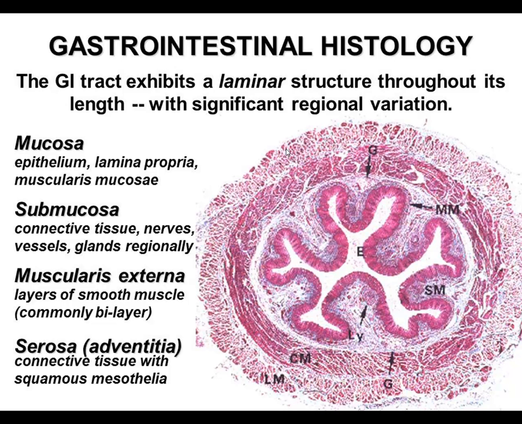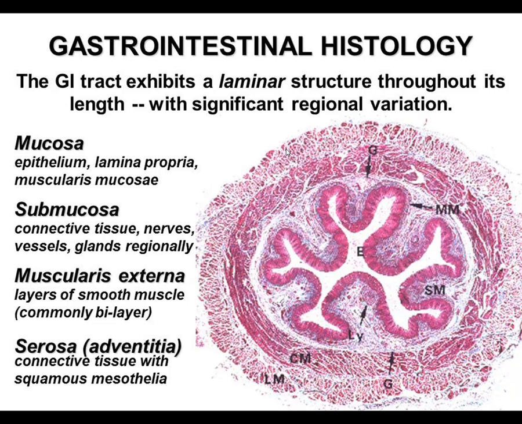Okay, so moving along, if we look at the GI histology, we will realize that it's really common in all the layers, in all the levels, starting from the esophagus all the way to the rectum, with some exceptions. For example, like we talked earlier, the esophagus has skeletal muscles. Another exception would be the stomach, which has an additional oblique layer.